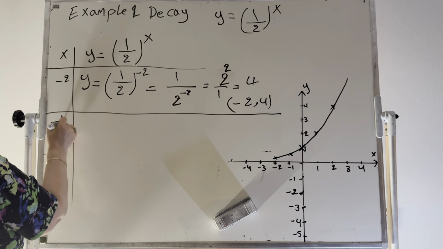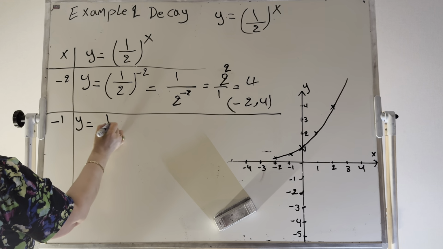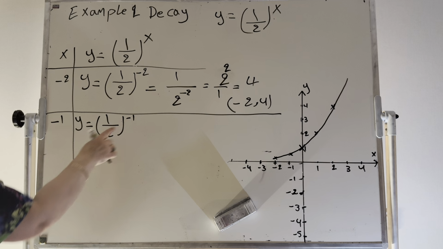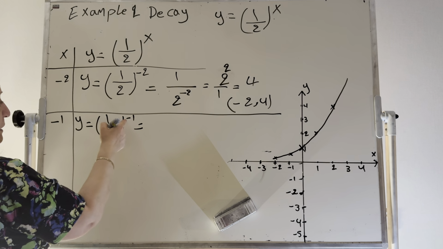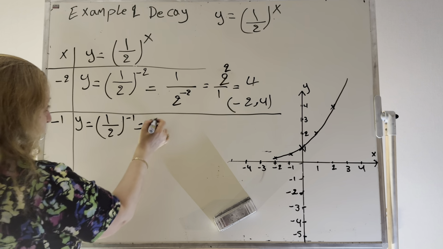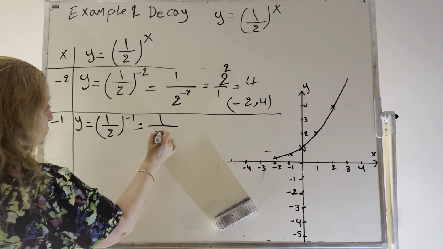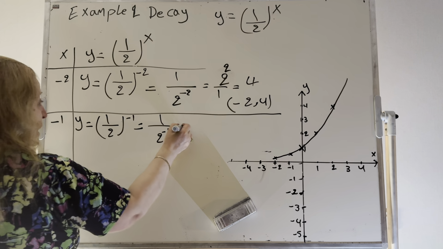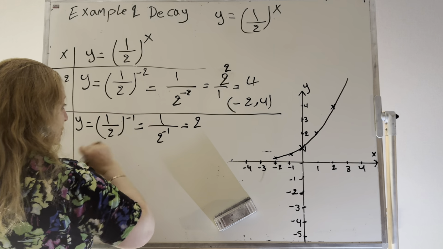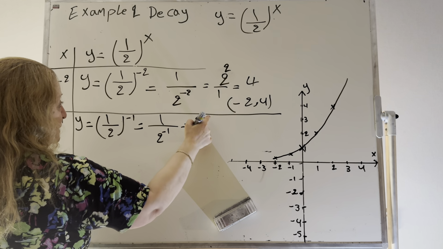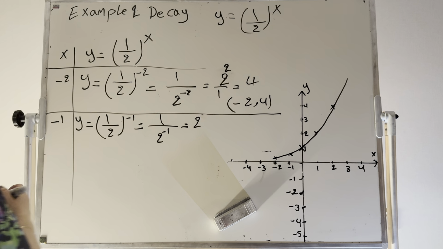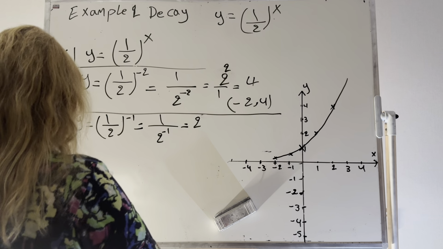When x equals -1, y equals 1/2 power -1. 1 power -1 equals 1, but 2 power -1, when I write it up, will be power 1, so 2 power 1.